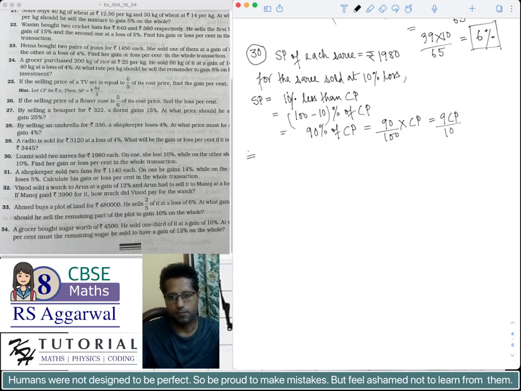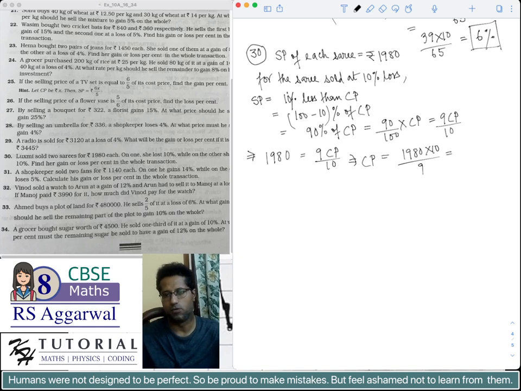Now we know that both the saris were sold at 1980. We are trying to find the cost price of the sari which was sold at 10% loss. So 1980 will be equal to 9 CP by 10. This implies CP is equal to 1980 multiplied by 10 divided by 9, which is equal to 2200.